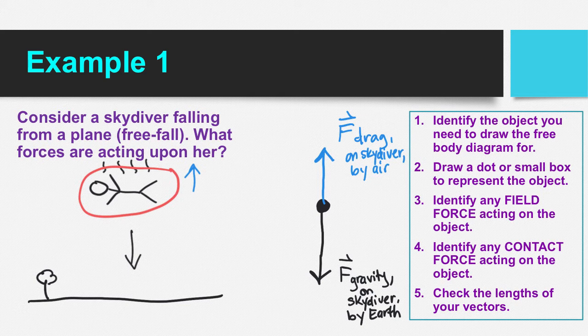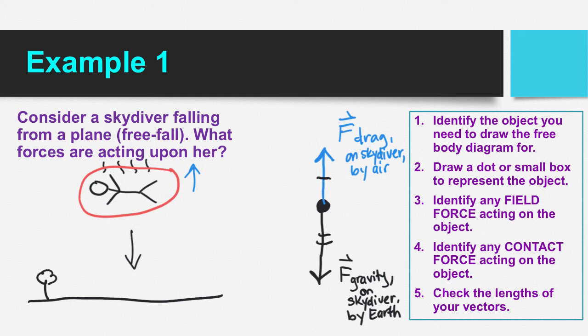And so you can just kind of leave the arrows different sizes, but another helpful way to mark the relative magnitude is to put hash marks on the arrows. So I might put 1 mark here and 2 marks here, and that would tell me that my gravitational force is much longer or greater than my drag force. And that's all there is to it.